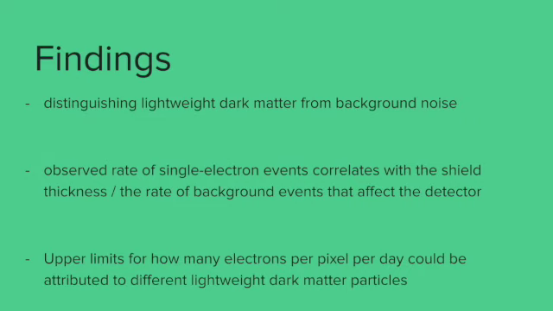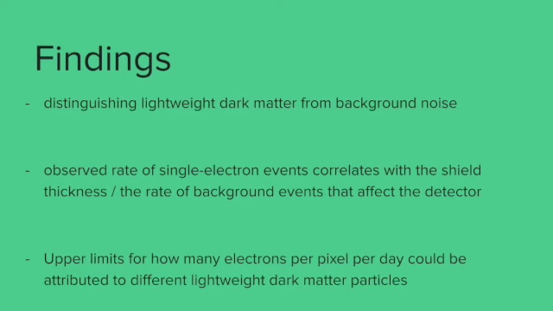And finally, the upper limits for how many electrons per pixel per day could be attributed to different lightweight dark matter particles have been more effectively and more accurately determined. Also, one of the things that we can't exactly conclude but can expect from this experiment is that dark current contribution should be more than an order of magnitude lower than the observed recoil energy.